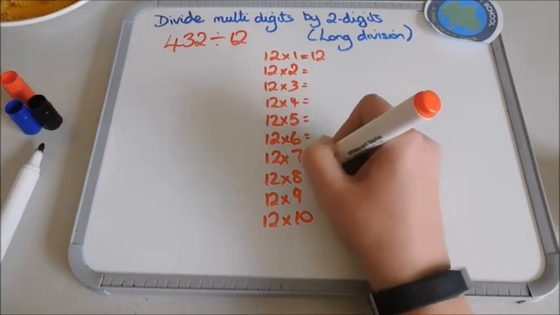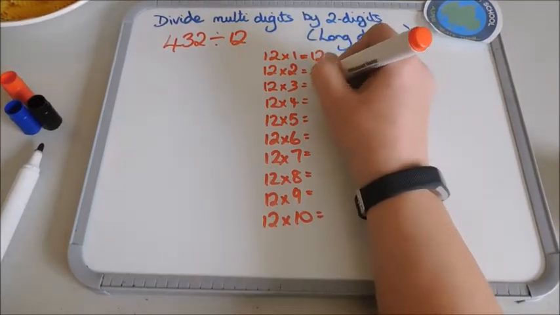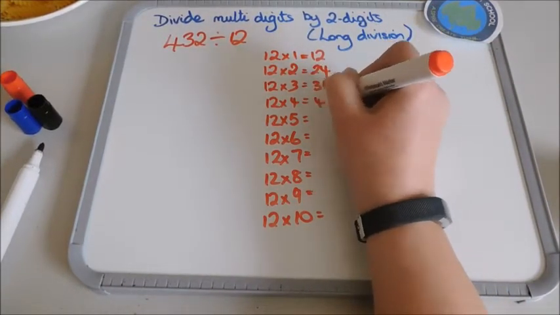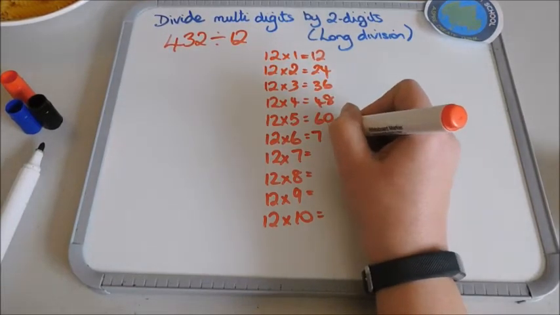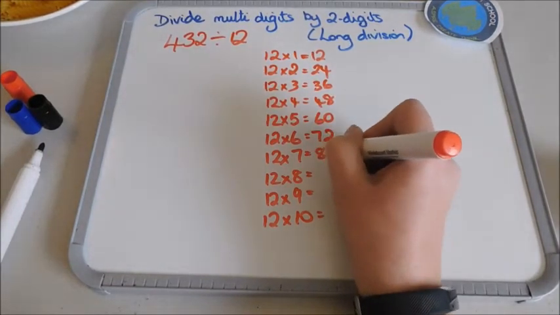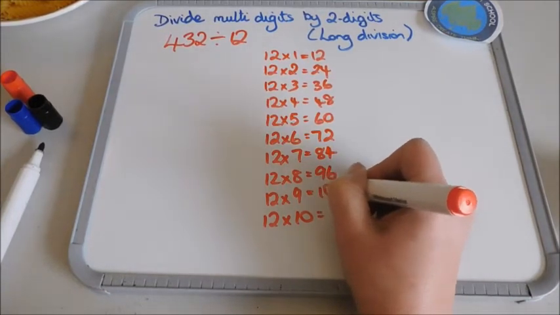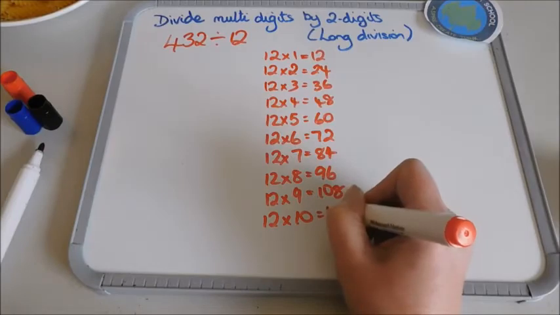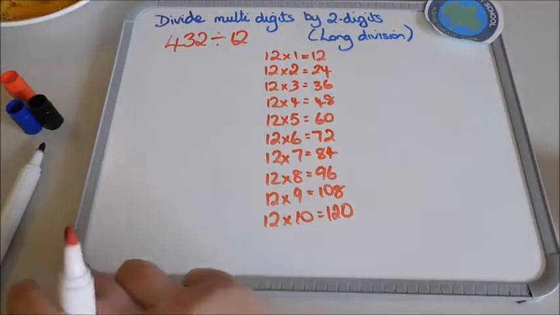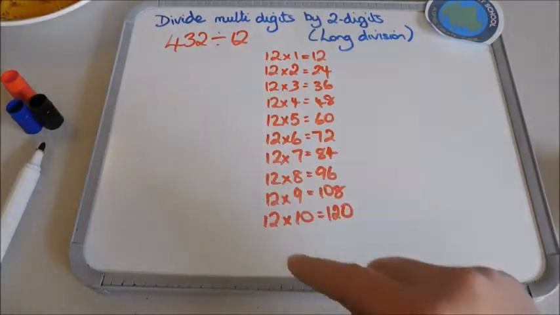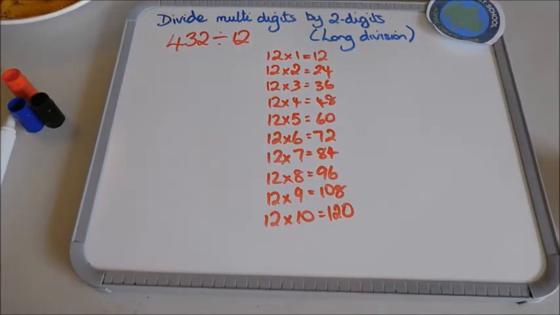So they get a visual representation of the multiplication table. It's really important that this is accurate, because if they're going to use this to help with the calculation, and it is wrong, the whole calculation is going to be wrong.